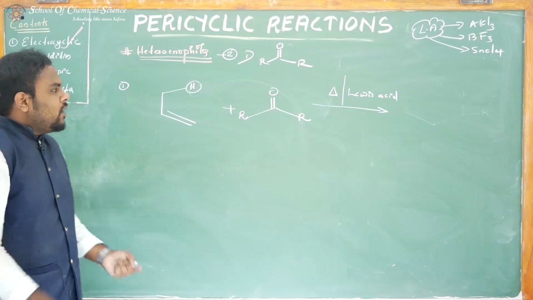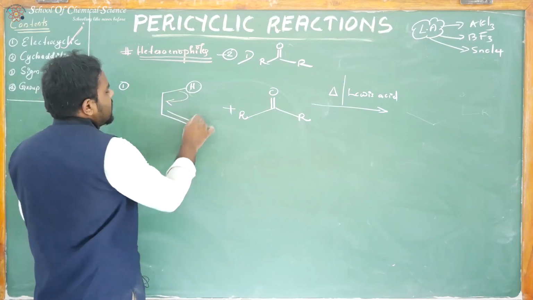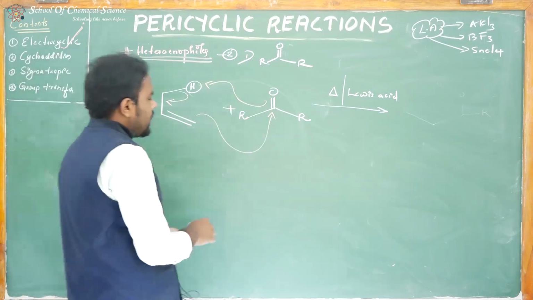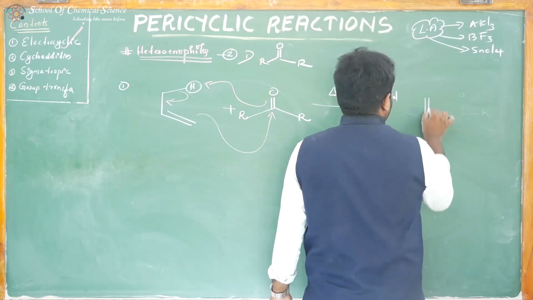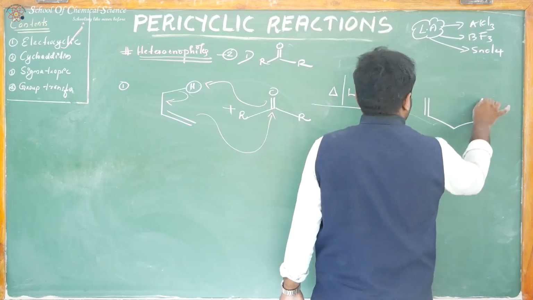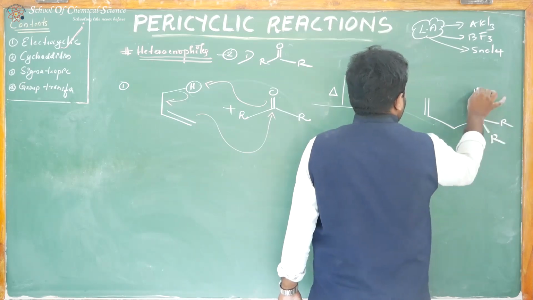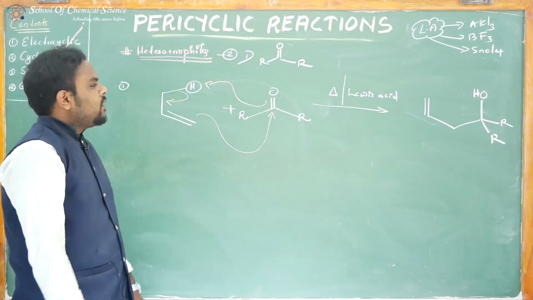Under thermal condition, what will be the reaction? The carbon-hydrogen bond shifts towards here, this towards the carbonyl carbon, and the C double bond O picks up the hydrogen. So your product will have a double bond, a carbon connected to the enophile, this carbon containing two R groups, and this O becomes OH. So an alcohol will be your final product.